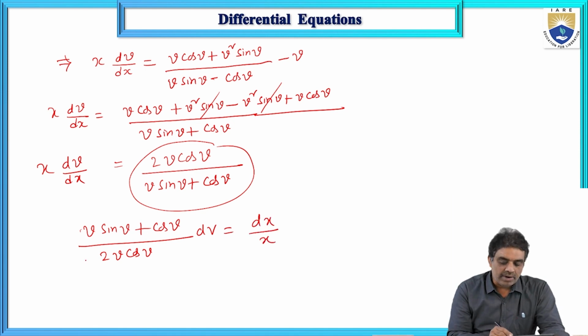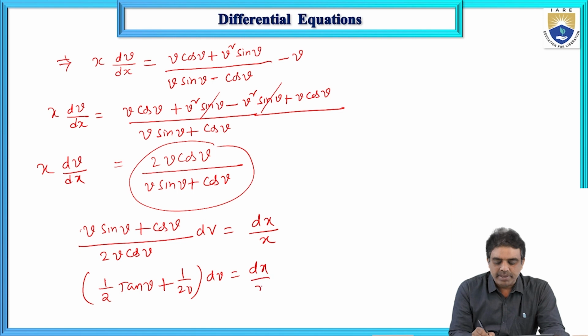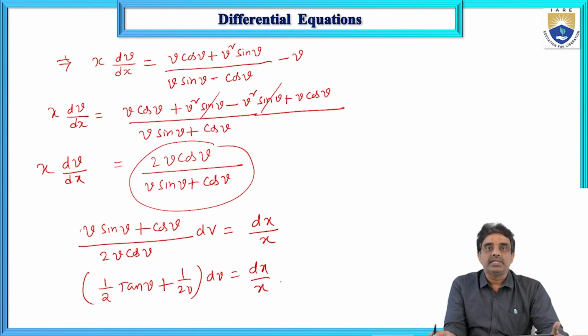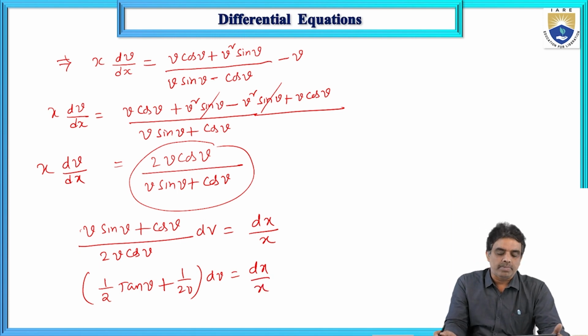Now on the left hand side, dividing each term, v sin v by 2v cos v, that means 1 by 2 sin v by cos v, which is tan v, plus 1 by 2v, dv is equal to dx by x. Now the problem is reduced to variable separable form.